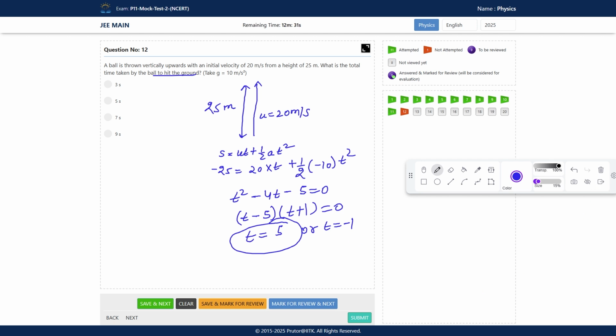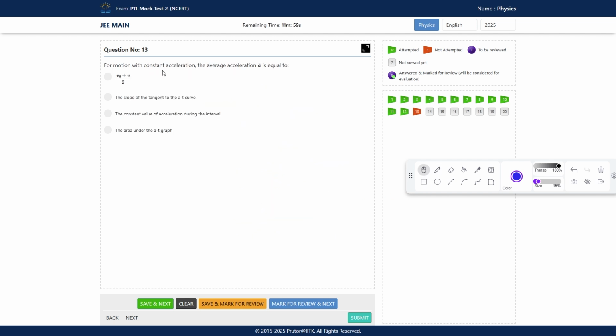Clear? Good. Because the ball is thrown upwards and falling back, the final displacement is minus 25 meter, because the direction is downward from the initial point. So 5 second.